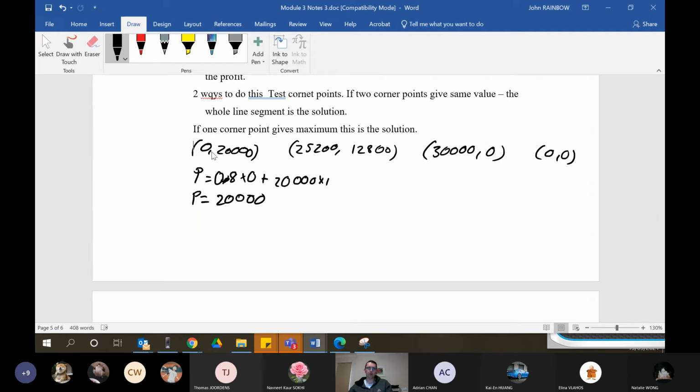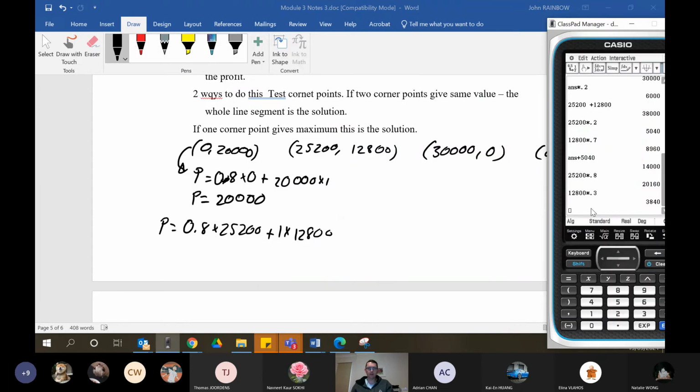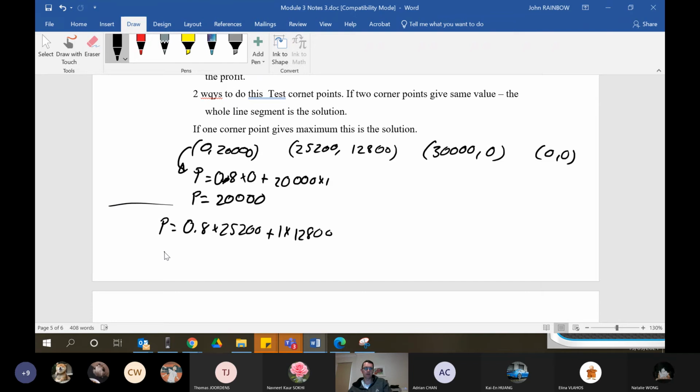Looking at this coordinate, my next one, my profit for that is going to be, well, I get 80 cents for each litre of these that I sell, and $1 for the other ones. My profit for that is going to be $32,960.